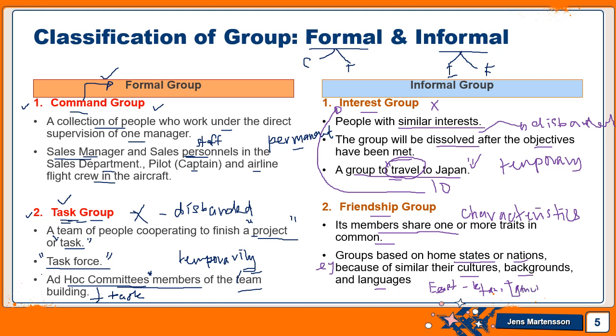So they are called a friendship group because they share the same characteristic, they come from the same state. Because they understand each other very well, that's why they create one particular group.